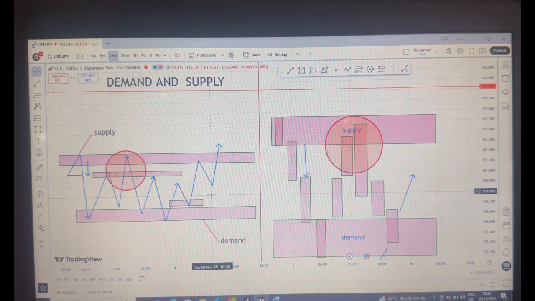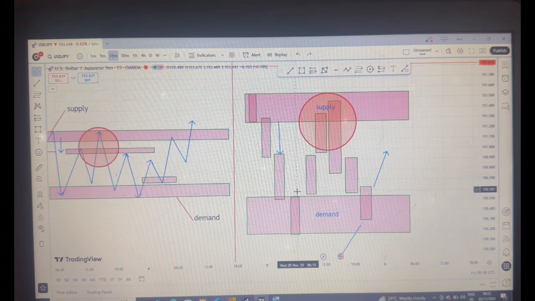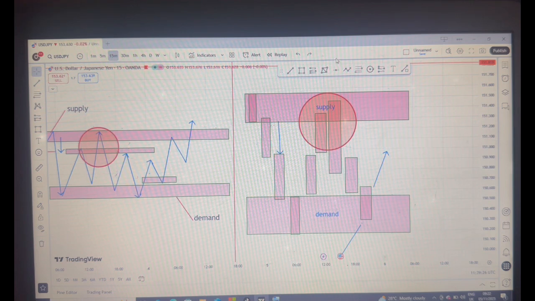So most times when I mark my supply and demand zone, I'll show you in the market. In my demand zone, I mark the last bearish candle before the upward move. Which upward move?